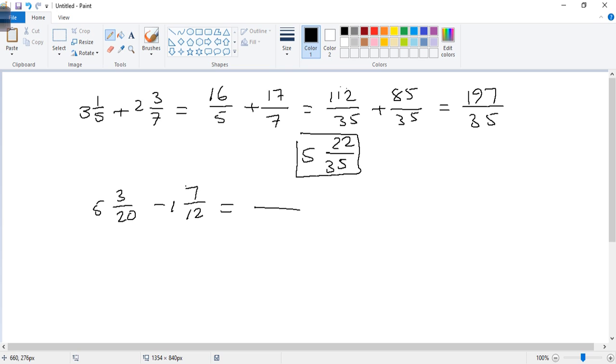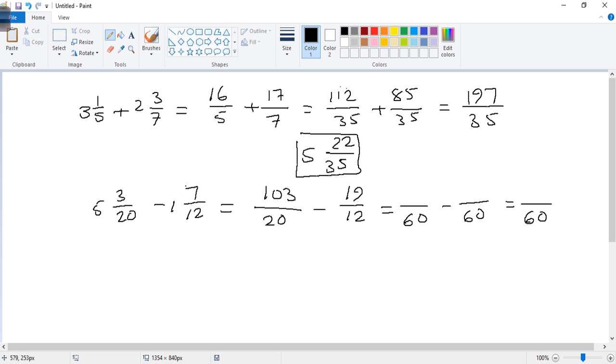We make it an improper fraction. 20 times 5 is 100, plus 3, 103 over 20, minus 12 times 1, 12, plus 7, it will be 19 over 12. The common denominator between 20 and 12 is 60.